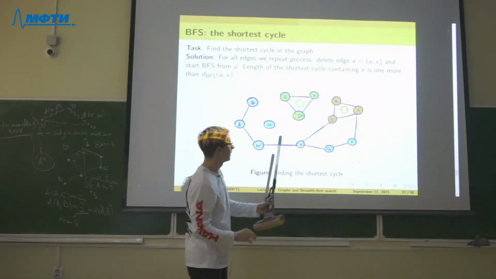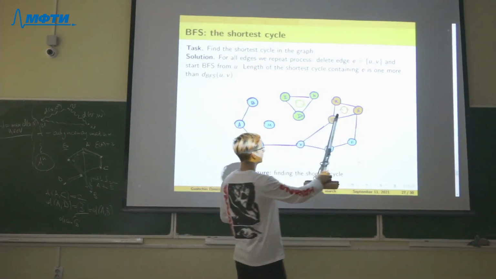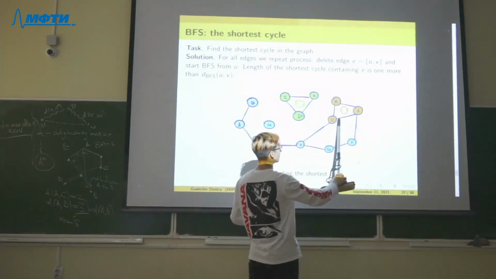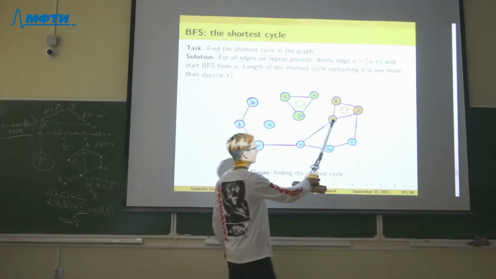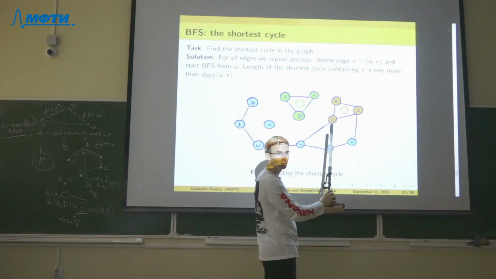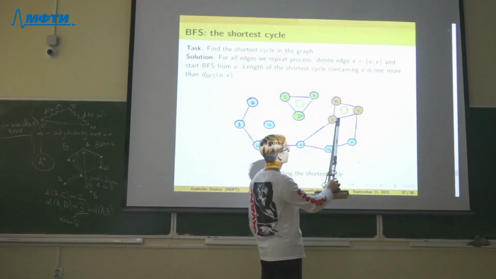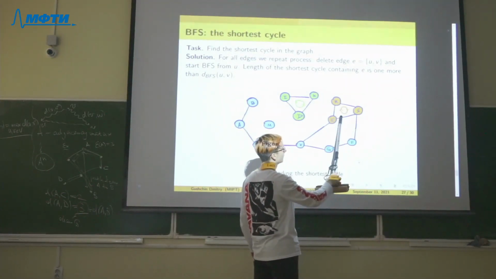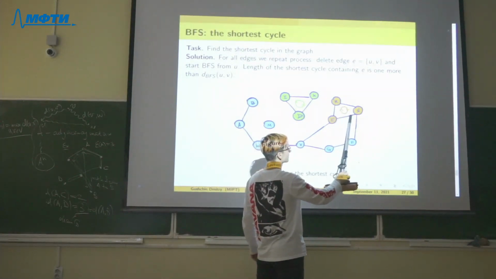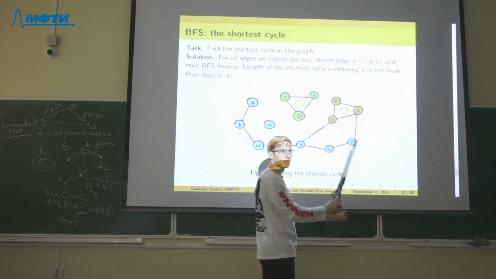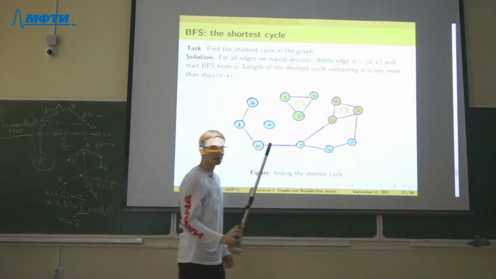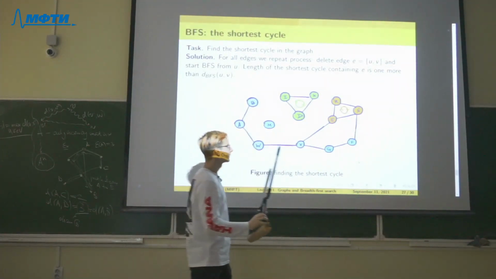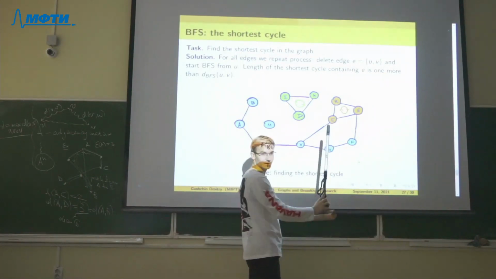And of course, if we drop the edge and find the distance between its endpoints, we can say that the shortest cycle that contains this edge is one more than the shortest distance between these vertices in the graph that we get when we drop this edge.